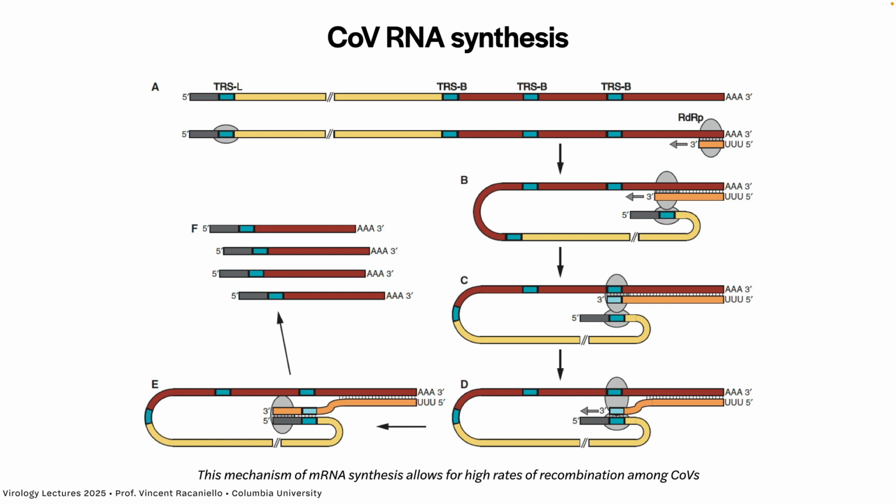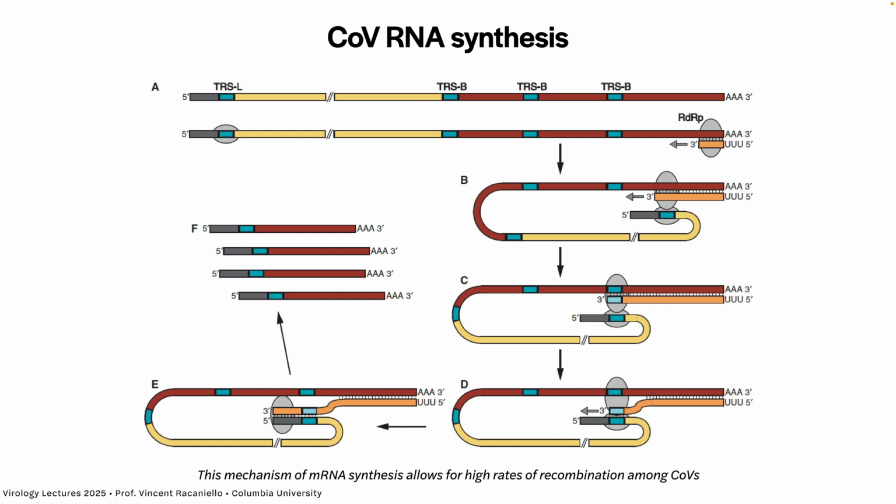Now, this is weird, it's Baroque, but the important part here is that this mechanism allows for high recombination rates because the polymerase is moving from one part of the template to another. So for example, when it reaches an intergenic sequence, it jumps all the way to the 5' end. It skips all of this sequence here and adds a 5' leader.